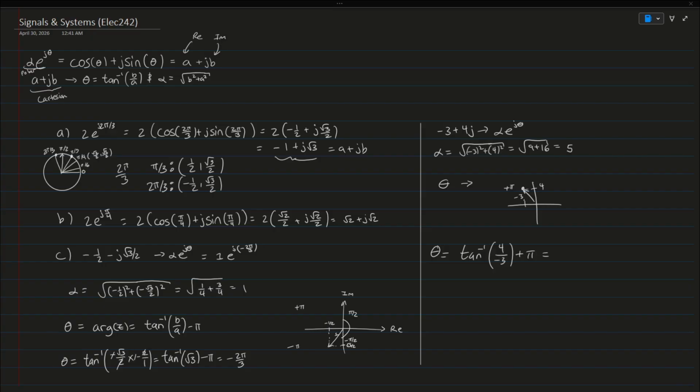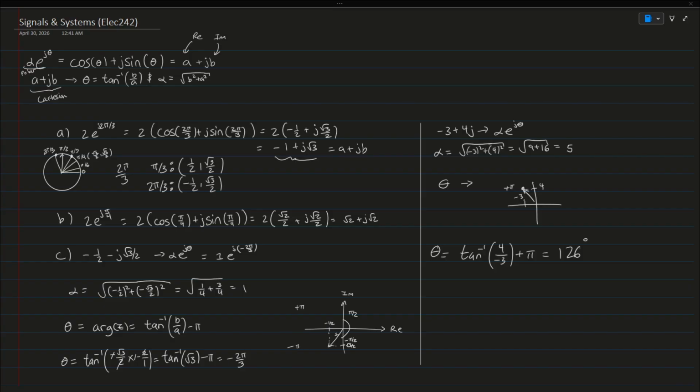Alright. I got a weird angle, but it's correct. It's 126 degrees, whatever this is equal to in radians.